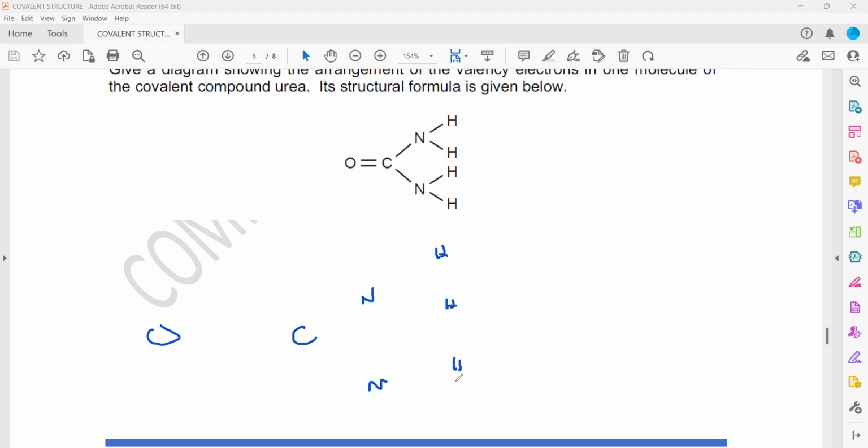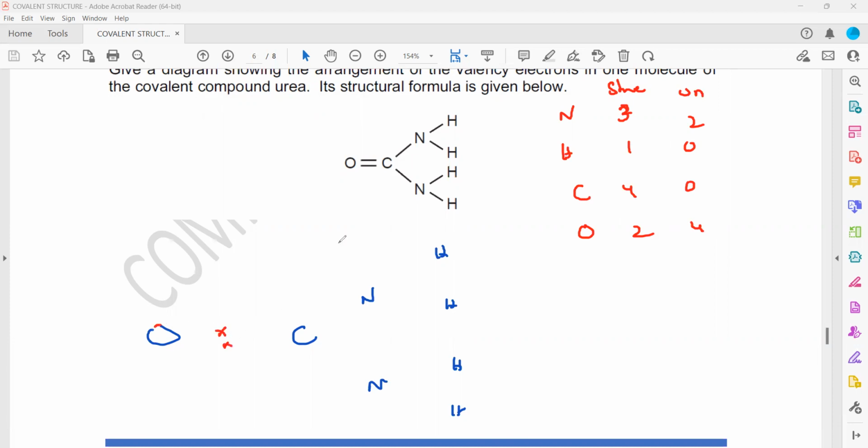This nitrogen is there, hydrogen and hydrogen. How many electrons will nitrogen share? It belongs to group 5, so share 3, and unshared will be 2. Hydrogen shares 1, and unshared will be 0. Carbon shares 4, unshared will be 0. And oxygen belongs to group 6, so shares 2, and unshared will be 4.